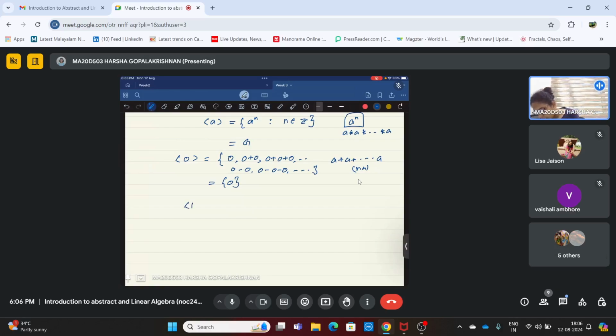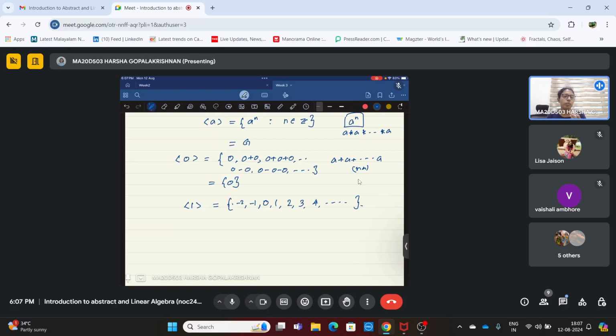So what do we get from generator 1? 1 plus 1, that means 2 times 1, 3 times 1, 4 times 1 and so on. What is 1 power 0? It means the identity, 0. And in the negative direction we get minus 1, minus 2 and so on. So 1 is a generator.